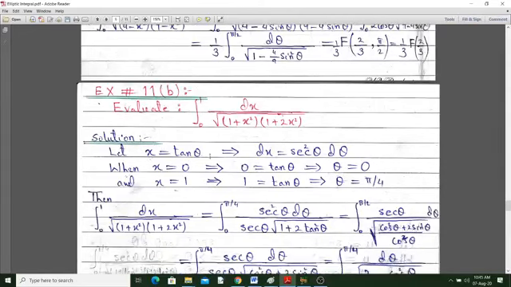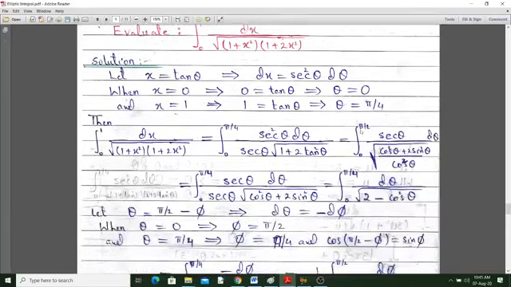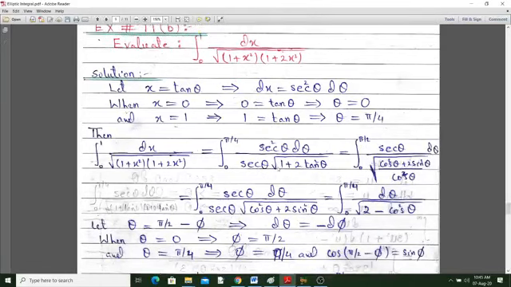So x equal to tan theta means dx is equal to secant square d theta, and x is equal to 0 provides theta is equal to 0, and x is equal to 1 provides theta is equal to pi by 4. Now putting this transformation into the given integral, we get this expression. Remember, 1 plus tan square means secant square, and secant square outside the root gives sec theta, and this secant theta and this secant theta are cancelled.